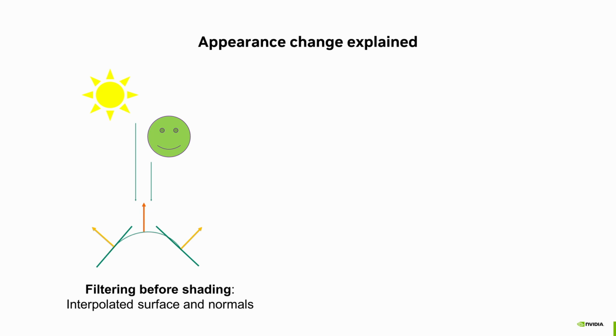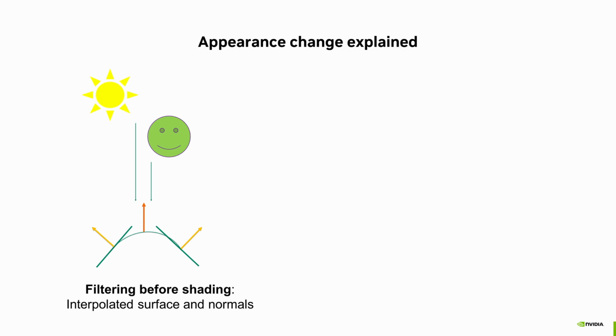The reason for this is simple. Filtering before shading corresponds to interpolation of normals and effectively interpolation of the surface curvature. In this case, two separate facets correspond to two different texels pointing in opposite directions.